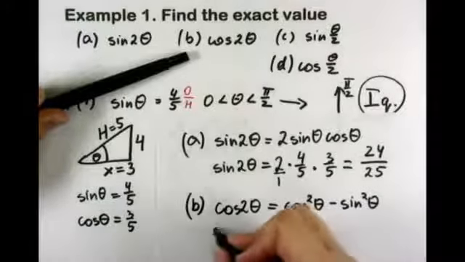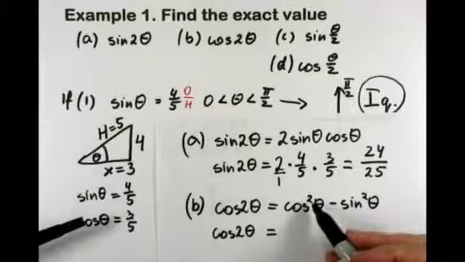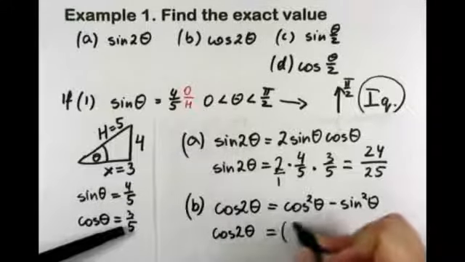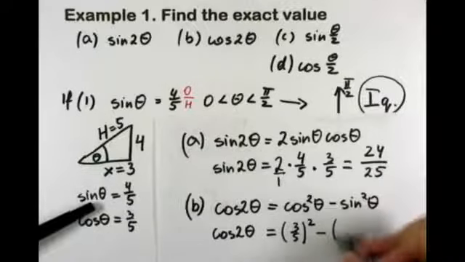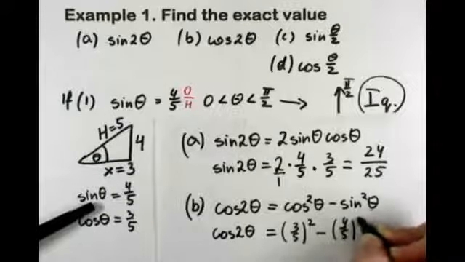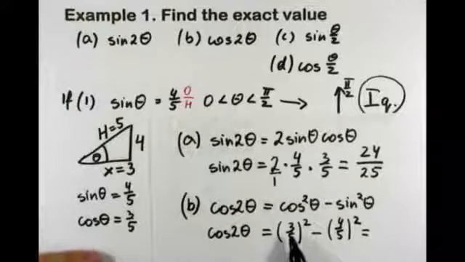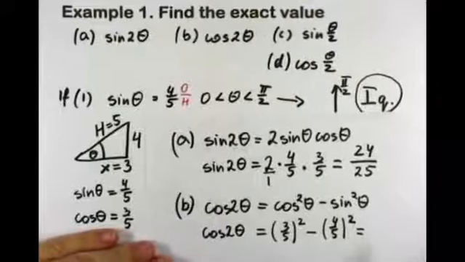So if I substitute my values, cos 2 theta is equal to cos squared, so I have 3/5 squared, minus sine squared, which is 4/5 squared. So performing the operation, 3/5 squared is 3/5 times 3/5, which gives me 9/25.